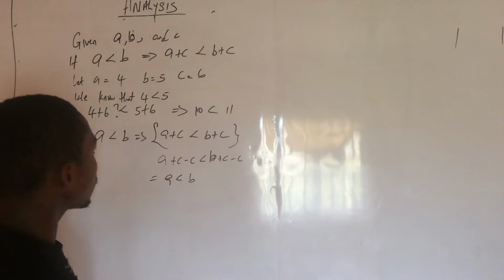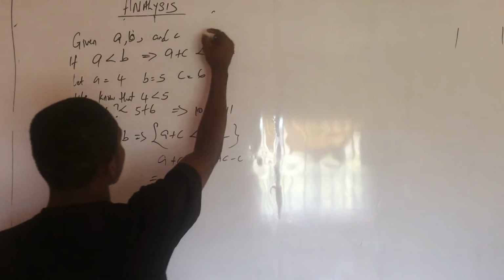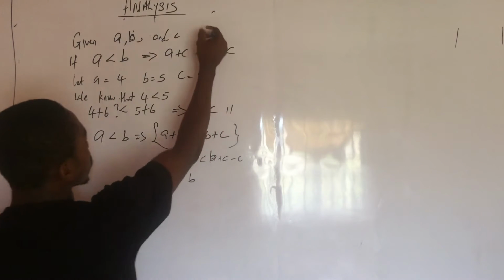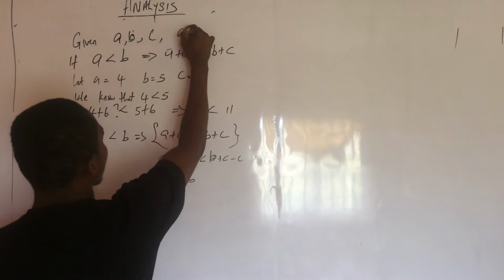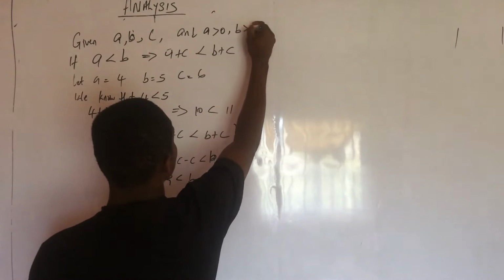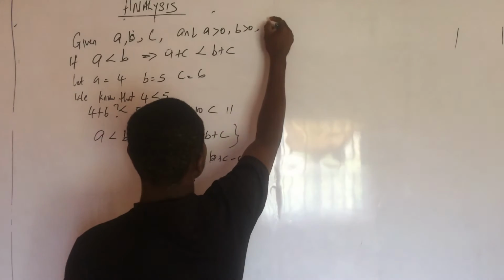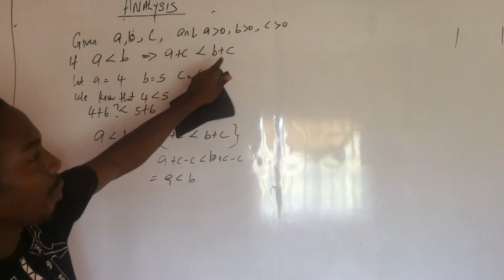Now, given this, let's put another condition: A is greater than 0, B is greater than 0, and C is greater than 0. This is the condition I put next.